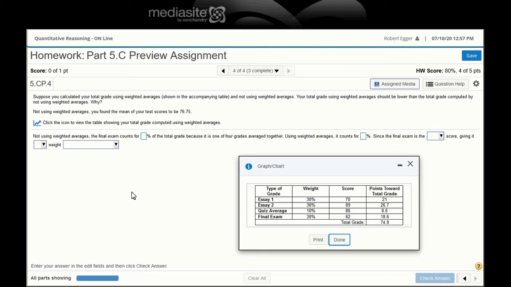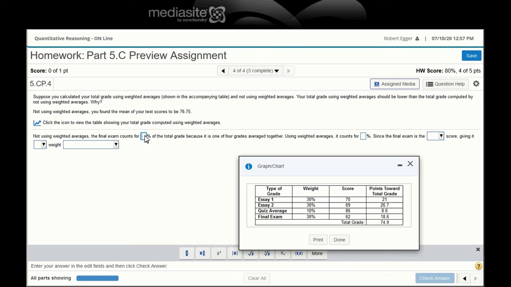Let's see. Not using a weighted average, the final exam counts for whatever the denominator is going to be. We had four items, so we divide by 4, or 0.25, 25%. So each one counts as 25% of your final grade.